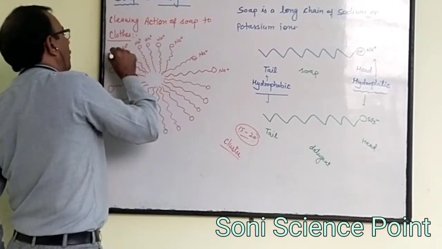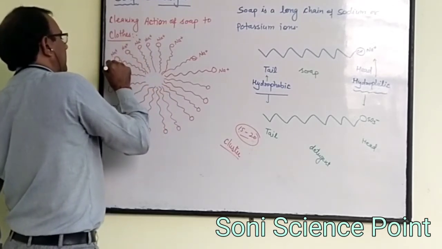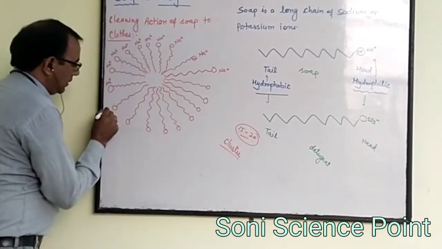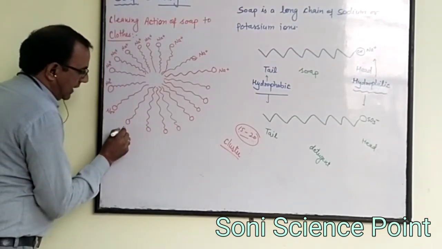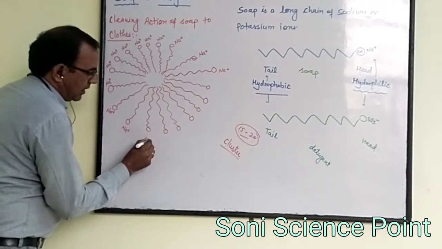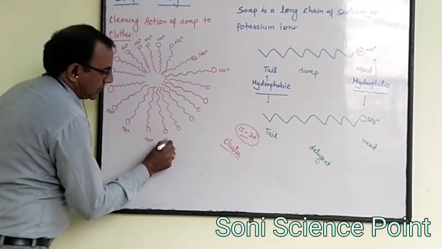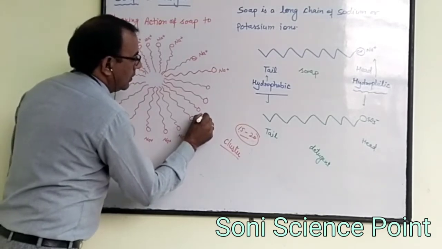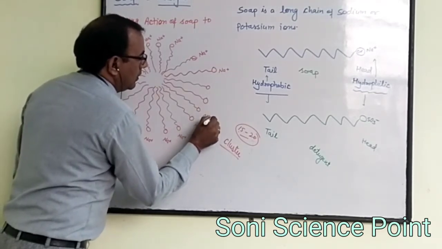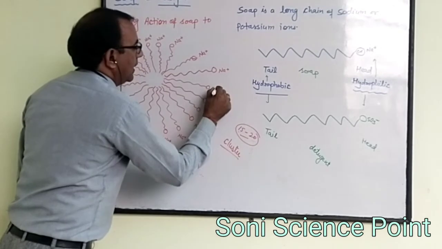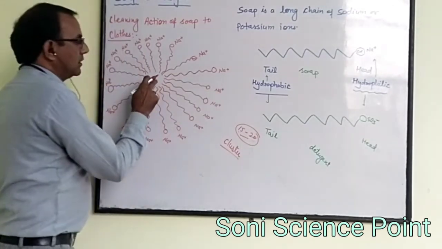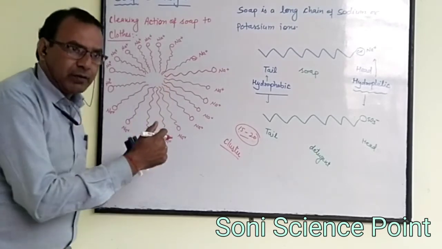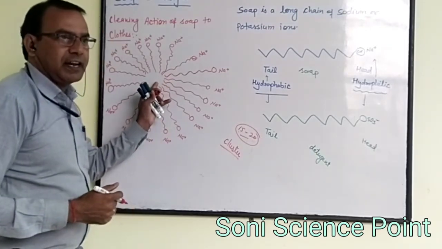The tail is hydrophobic, that doesn't react with the water. The tail part remains inside and the head remains outside the water surface. This is the tail and this one is the head.